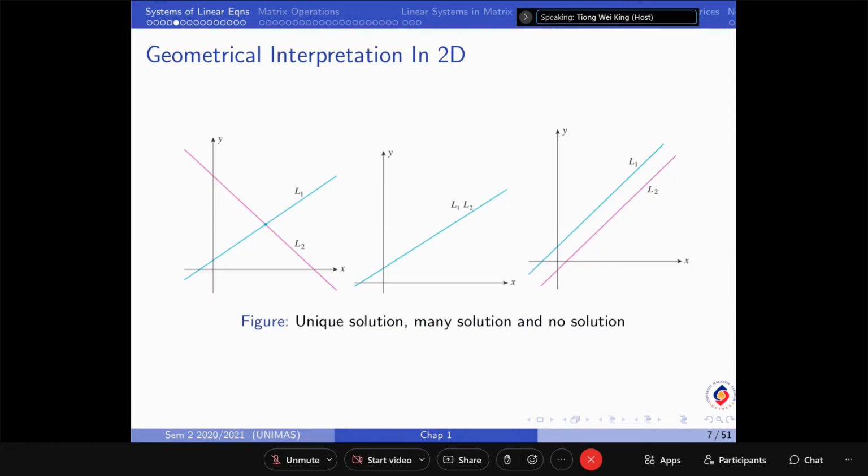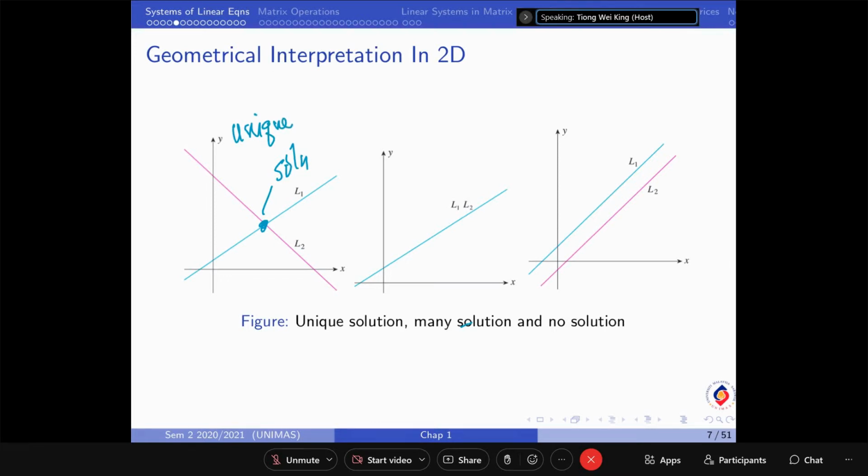Let's say we have two linear equations. If unique solution, then we have one intersection point. This is the solution to the two linear equations. So in this case, this is a unique solution.